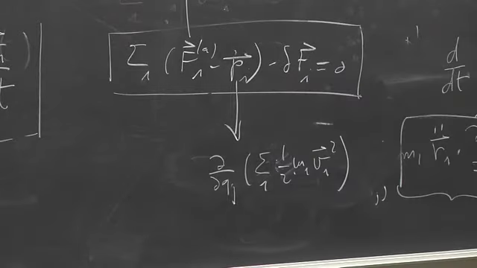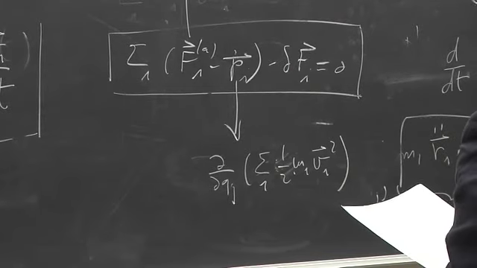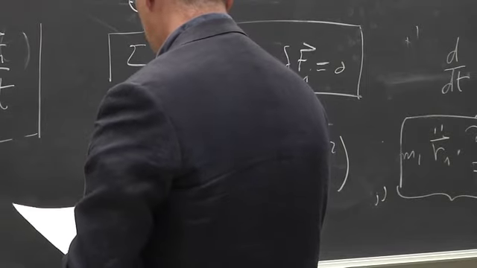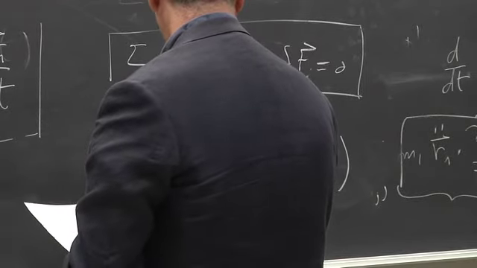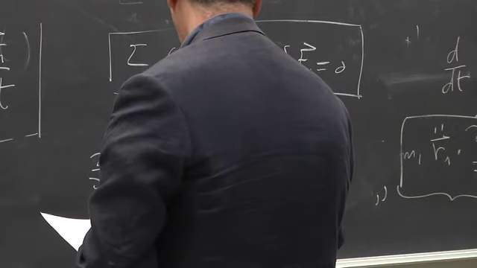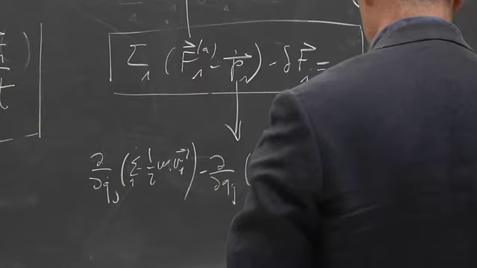And the one upstairs is dq dot j of the sum of 1/2 mi vi squared, minus this, okay? That minus that.